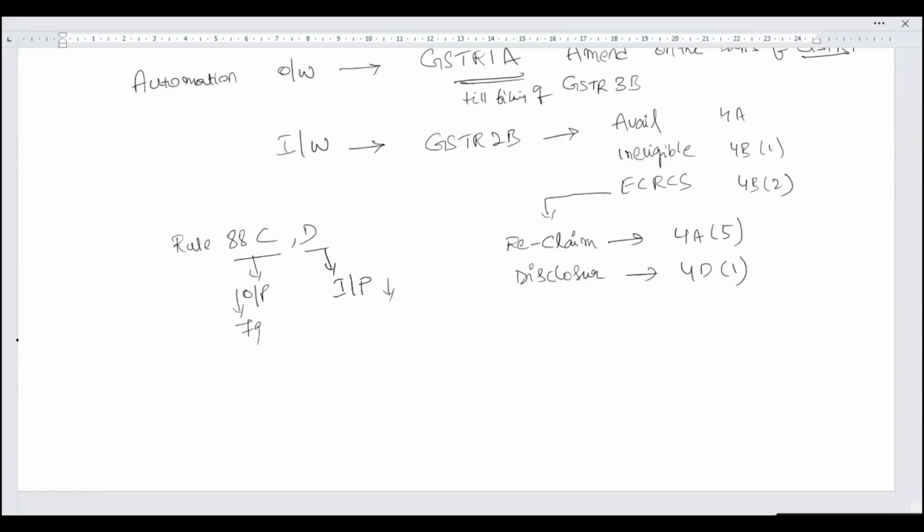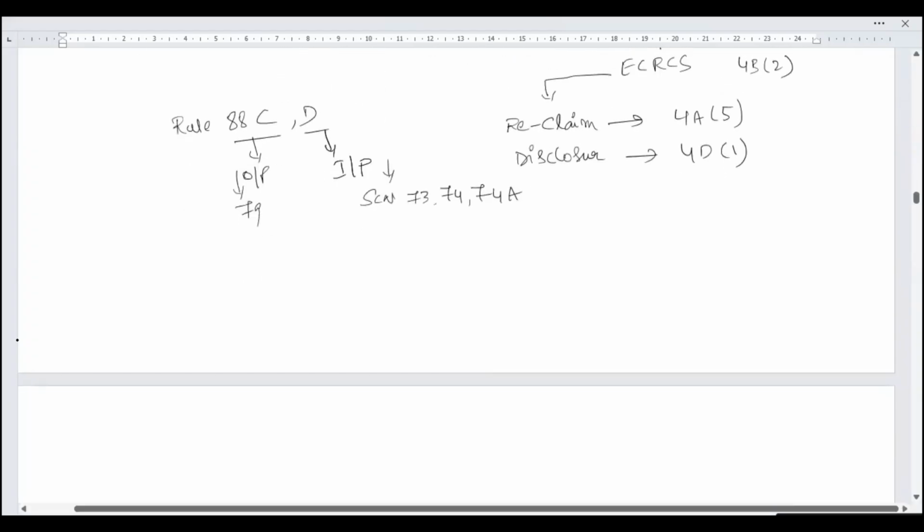In case of input tax credit, if I don't pay or I don't give my reply, then a show cause notice will be issued under either 73, 74 or a new section 74A. This is what we understood. Last but not least, we have understood the concept of IMS, Invoice Management System. So this is what we have learned for today.